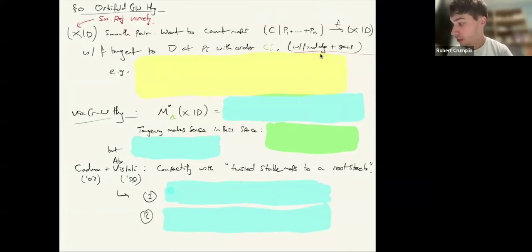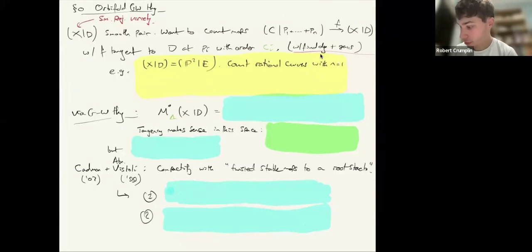So here's an example problem you might want to ask. Well, okay, what's a nice smooth pair? Well, I could take X to just be P2 and D to be a smooth cubic E. And then maybe I want to count rational curves, so genus 0 curves, with one marking and maximal tangency.